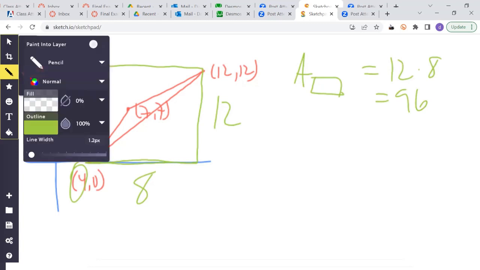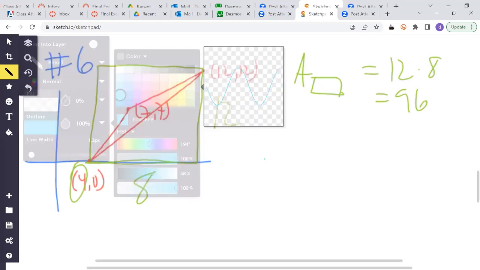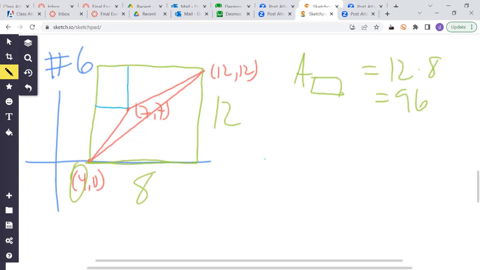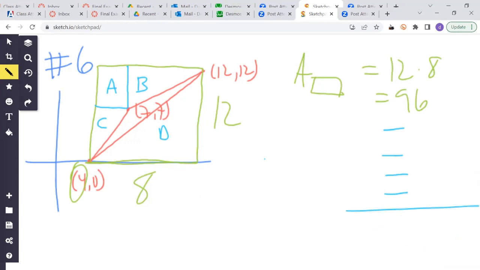So the strategy is going to be this. Let's take this section A, B, C, and D. Find the areas of A, B, C, and D and subtract them from 96. And whatever you get left over is the answer.